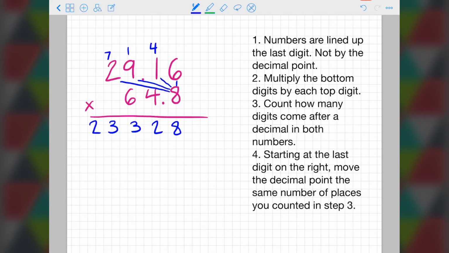All right, before I start my row with the 4, my second number, I'm going to put a placeholder 0, and I'm going to cross out all these carried numbers up there.